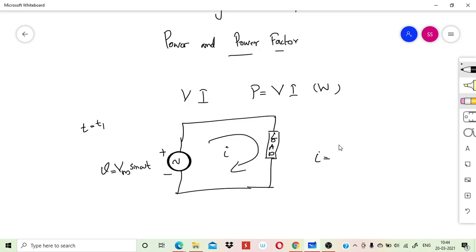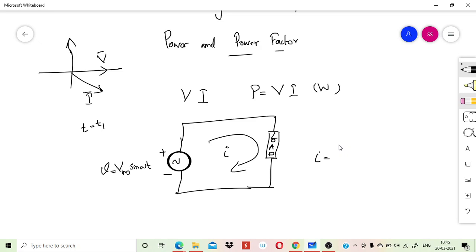Small v is a phasor, and small i can again be represented as a phasor. Now let us imagine that this V phasor and I phasor have a small relationship, with the I phasor notated by I bar and the V phasor notated by V bar, lagging.